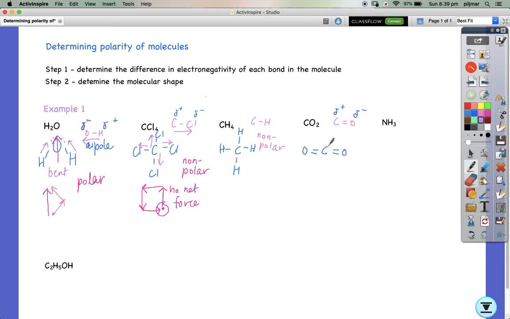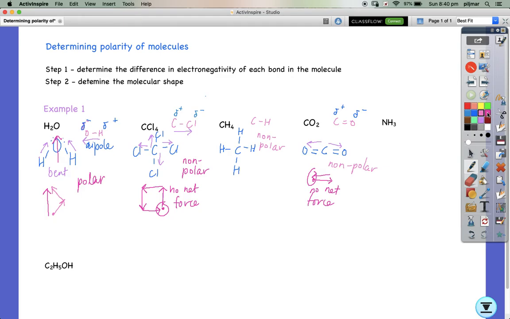What we're going to see is the electrons being attracted to either oxygen atom. Once again, if we add those vectors up, we would have one going in that direction and the other one going in the opposite direction, and that's going to be no net force as well. Which means that, again, while our molecule has two polar bonds of carbon to oxygen, it is overall a non-polar molecule.